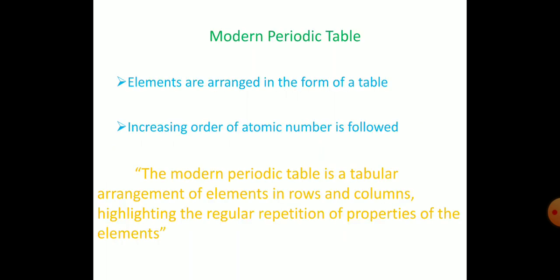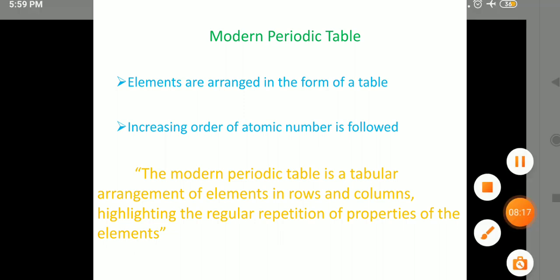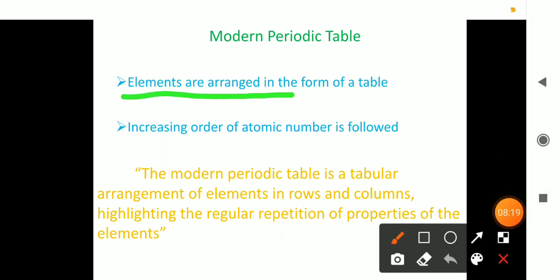Then by making use of this modern periodic law, what is constructed? The modern periodic table is constructed, and in this modern periodic table, the elements are arranged in the form of a table. And we know a table surely contains a horizontal arrangement as well as a vertical arrangement.